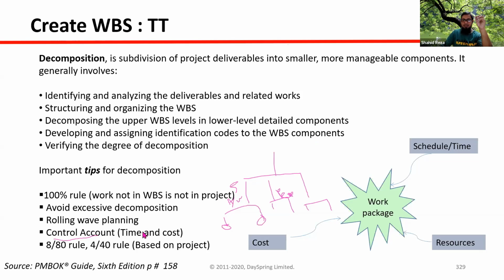So that 6 months we can use as control account to control the budget and time for this component and its subcomponents also. It is not tagged with the lower level, it is tagged with the upper level. So this is the control account. It is like the cost center of an accounting system.